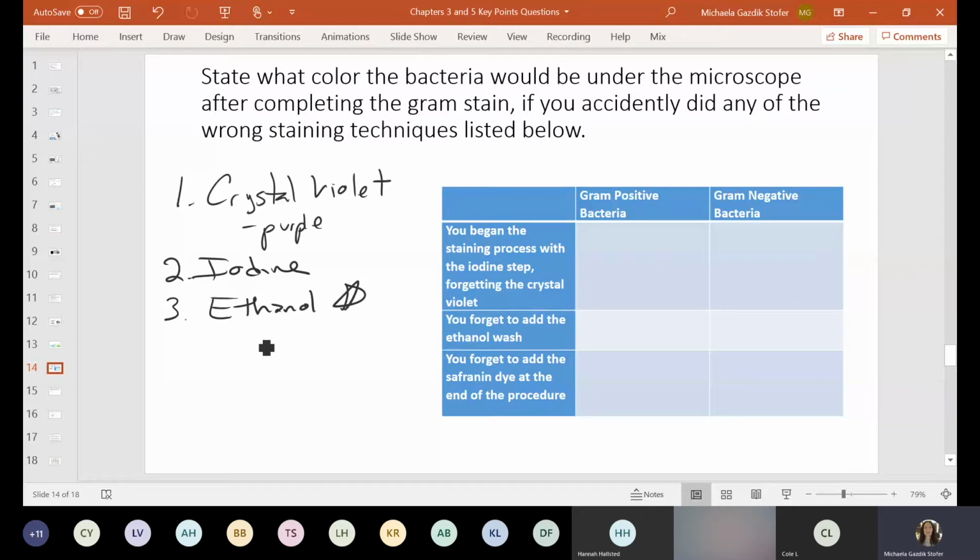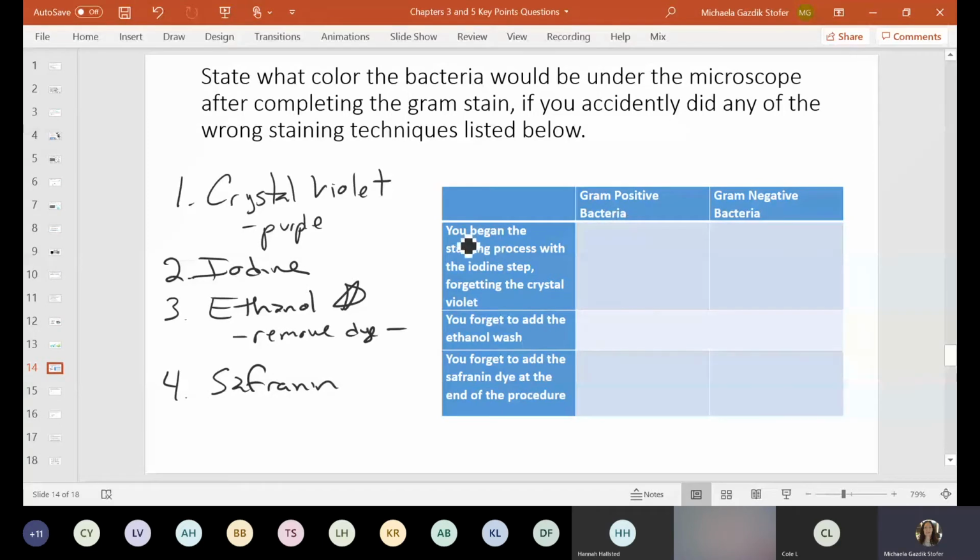Ethanol is what we call the differential step because it's going to remove the dye, but only from gram-negative cells. So that's how we're able to tell the difference. And then 4 is the counter stain, which in the gram stain is safranin, which is red. That's just so we can re-dye the cells that we removed the stain from. Okay, so these are our 4 steps.